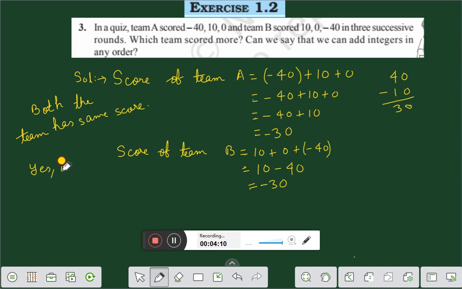We can say that we can add integers in any order.